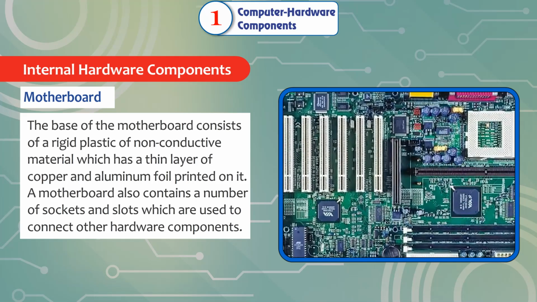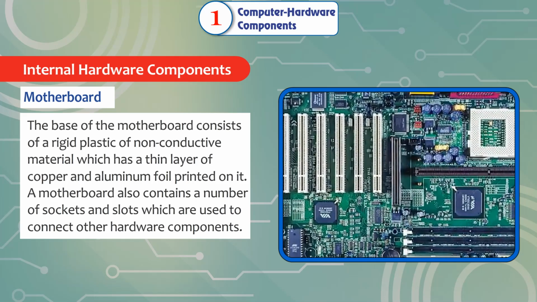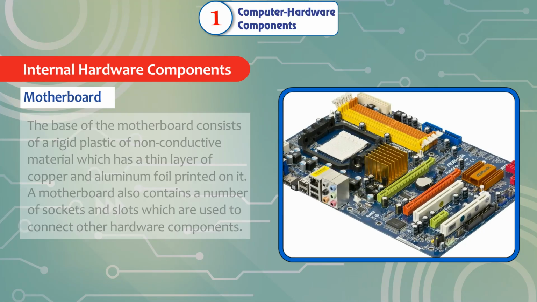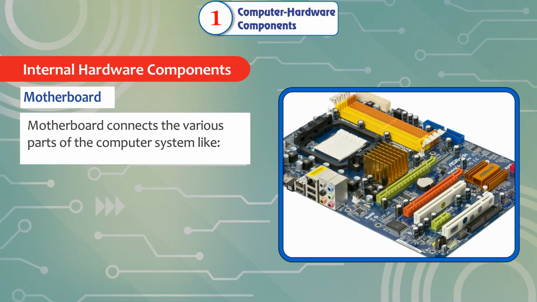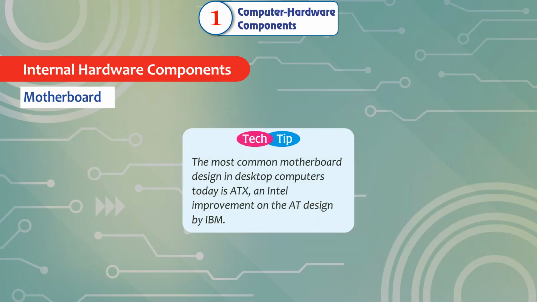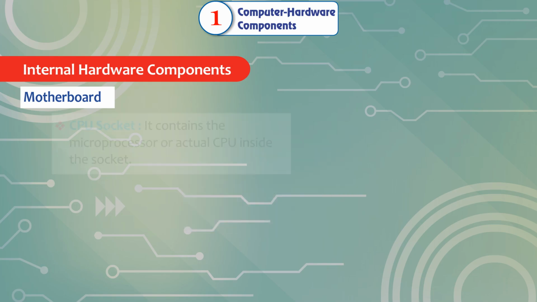A motherboard also contains a number of sockets and slots which are used to connect other hardware components. Motherboard connects the various parts of the computer system, like: Tech tip: The most common motherboard design in desktop computers today is ATX, an Intel improvement on the AT design by IBM.